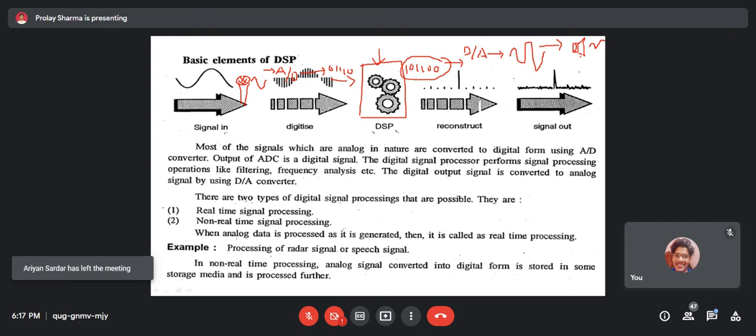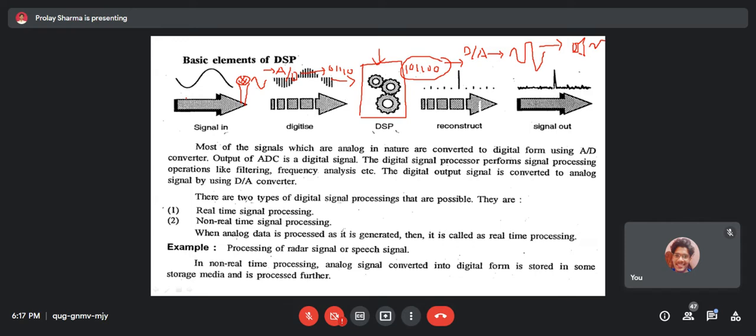So suppose there is some processing, such as noise elimination, that we are doing with the DSP processor. Then we will get a clean, noise-free signal that our brain can interpret.